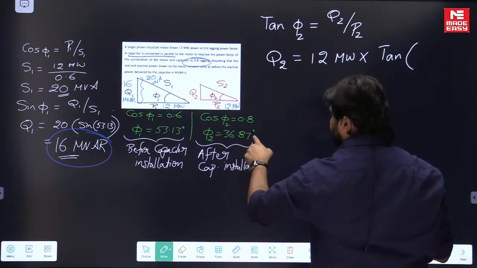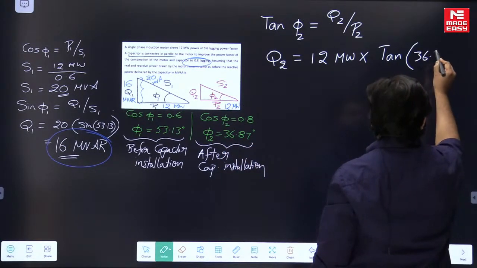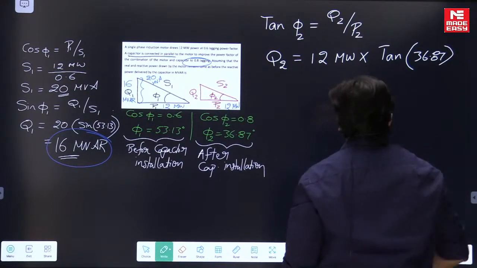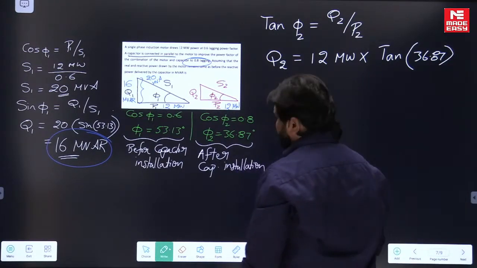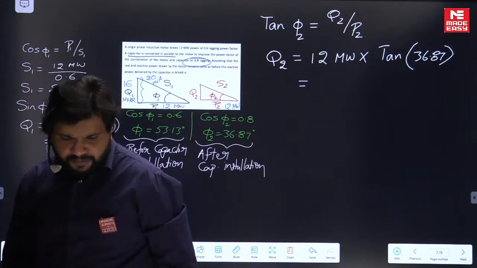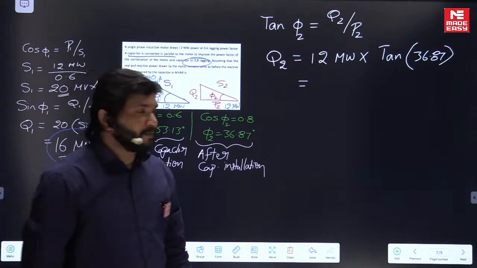Tan phi 2 is tan 36.87. Q2 value is 9 MVAR.